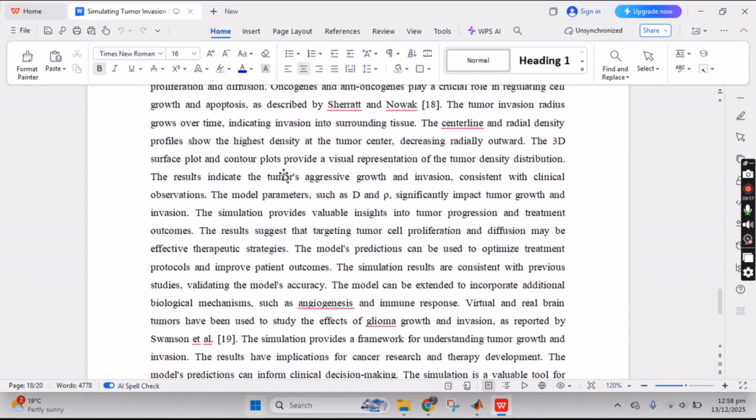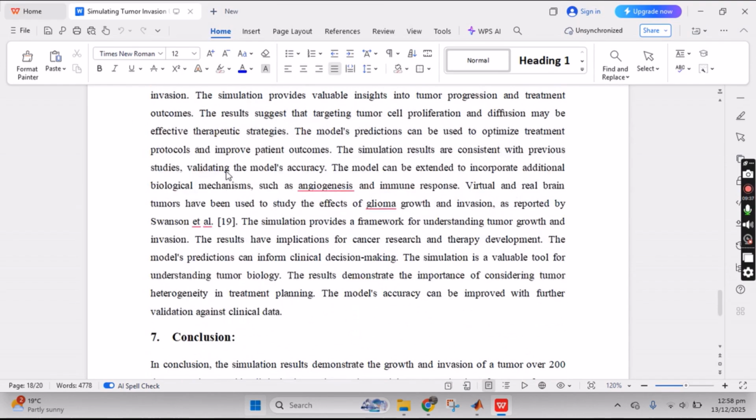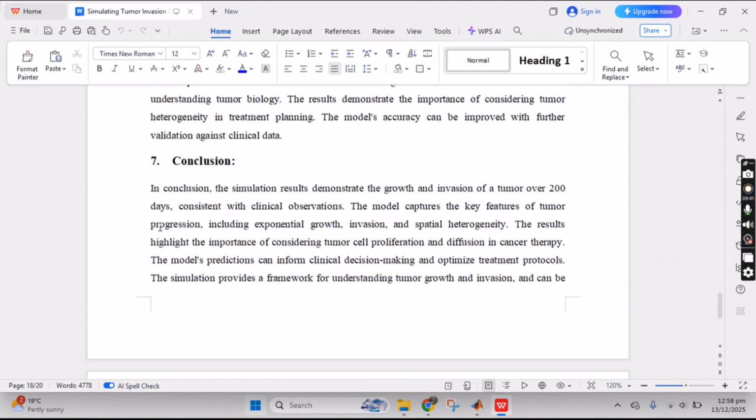Here are the results and discussions, which show how targeting tumor cell proliferation and diffusion may be effective therapeutic strategies, and the model predictions can be used to optimize the treatment protocols and improve the patient's outcome.